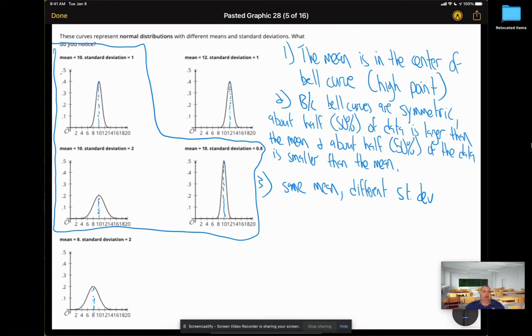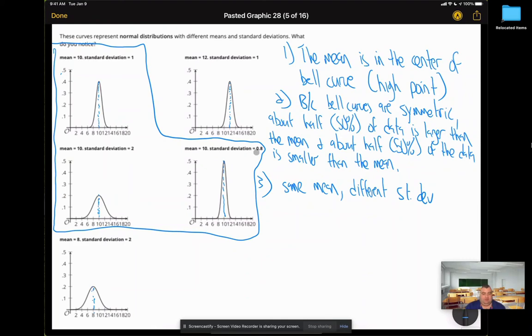What does change is the height of the bell. Notice the largest standard deviation in this case is 2. The bell is lower and it's more spread out. When I lower it to 1, the center is still at 10, but it's more narrow and it's taller.